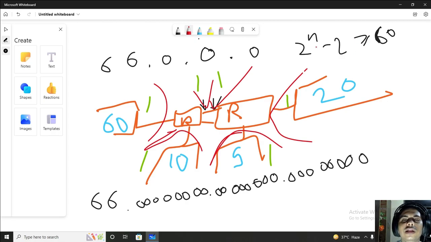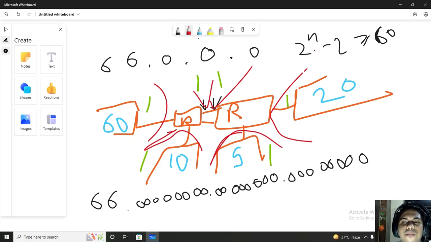Now I will increment to 5. So now my n is 5. It means I have to do 16 into 2, which is 32. 32 minus 2 is 30. So 30 is not greater than and not equal to 60. Now I will do 32 into 2 again, which is 64.